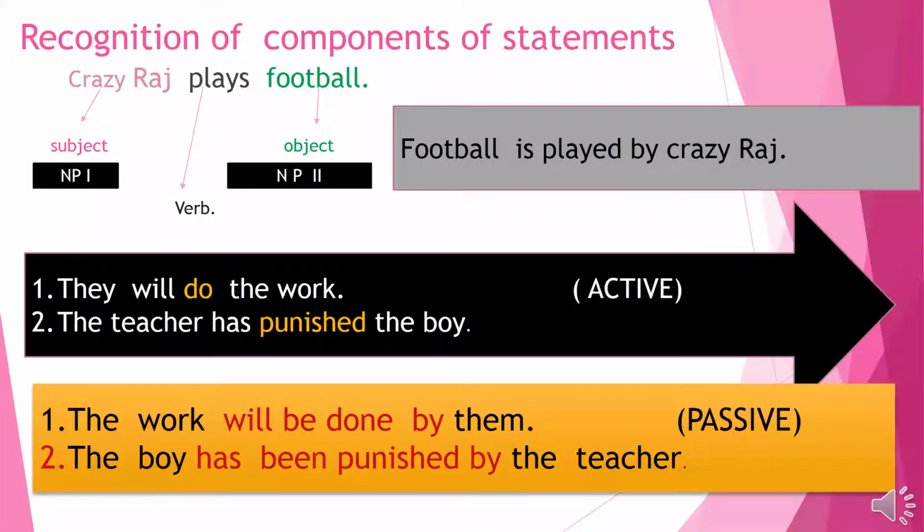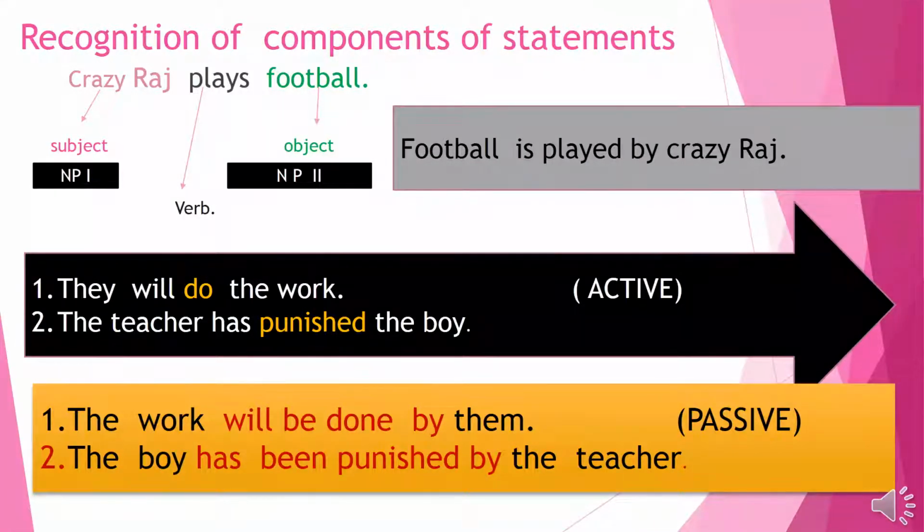Both the sentences are examples of active voice, and do and punished are the verbs, and will and has are auxiliary verbs. These are the components of the statements.